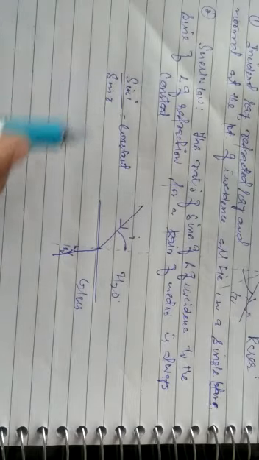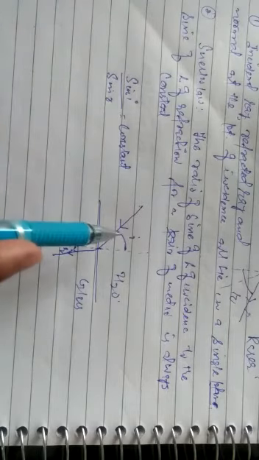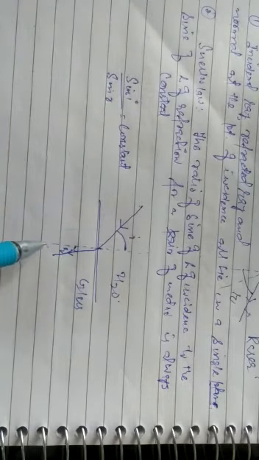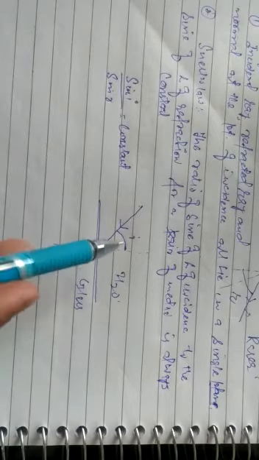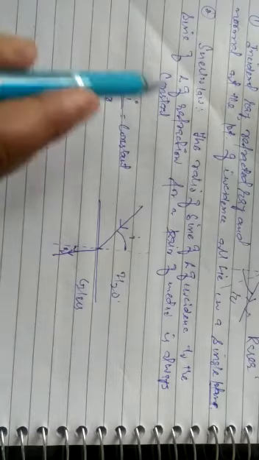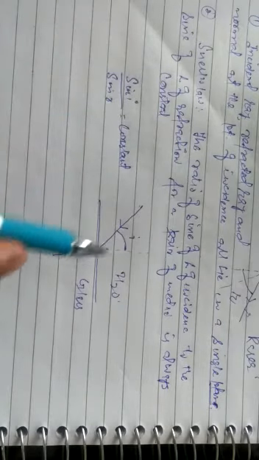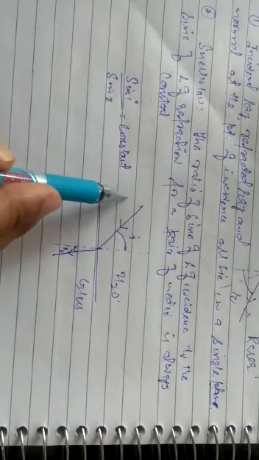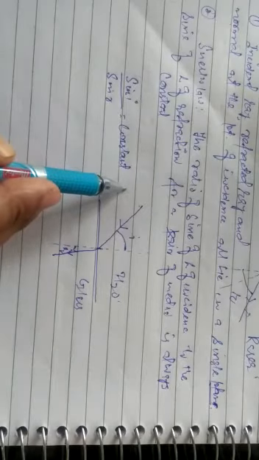I is changing and R is changing, but the media are not. Each time I calculate sine I by sine R, and the ratio is the same.